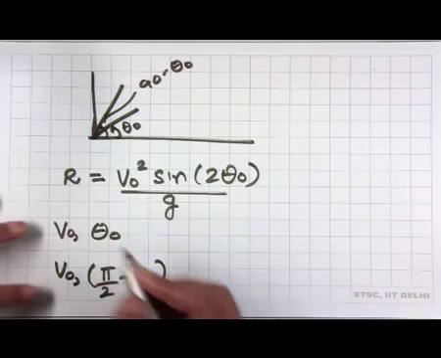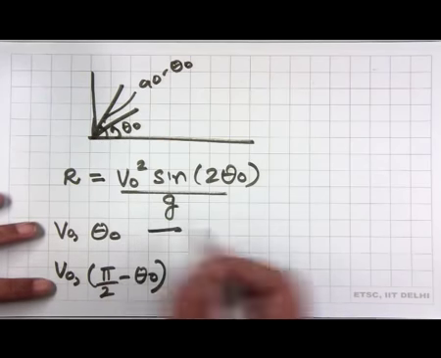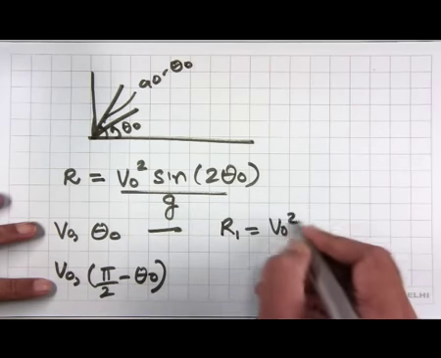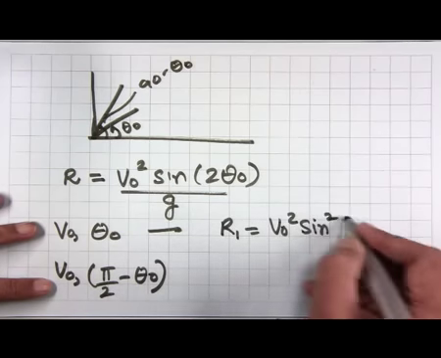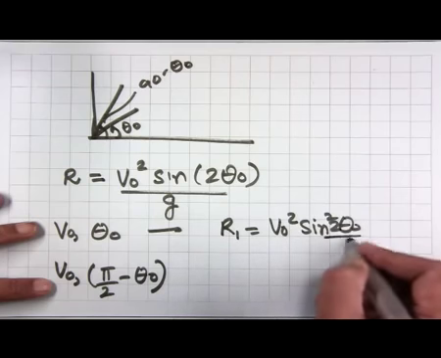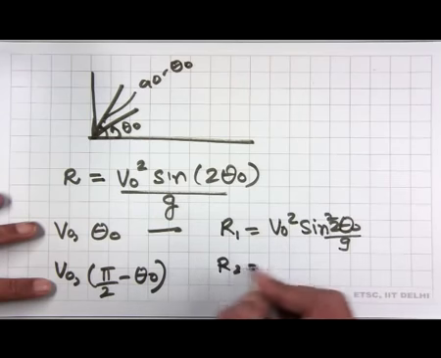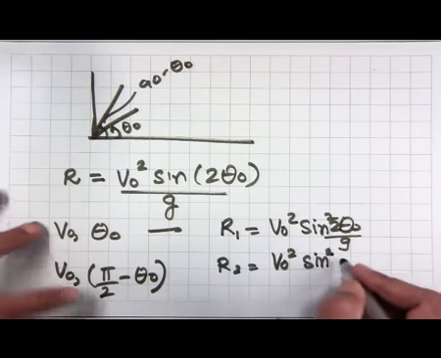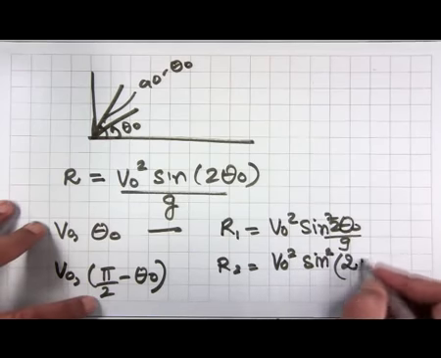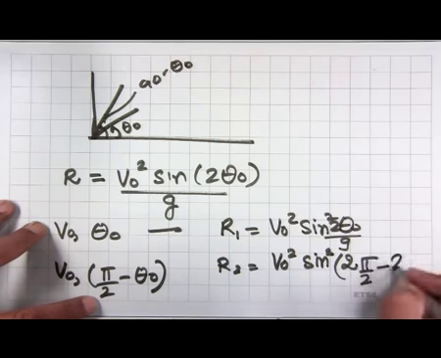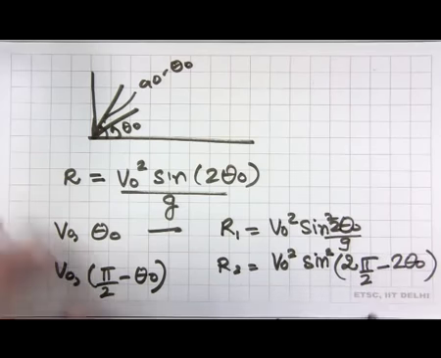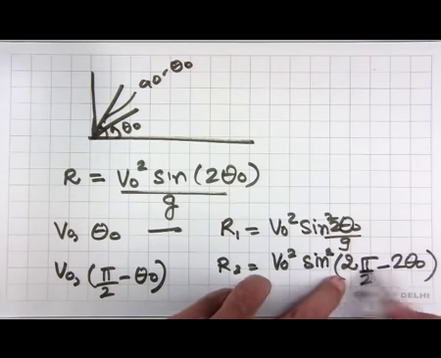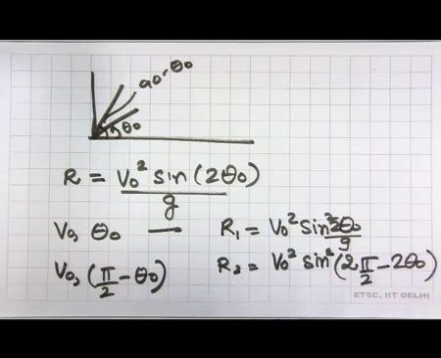Now, if you calculate the range, r1 will be equal to V0 square sin 2 theta 0 upon g, and r2 will be equal to V0 square sin of 2 times pi by 2 minus theta 0, and this will be nothing but sine of pi minus 2 theta 0, which is the same.